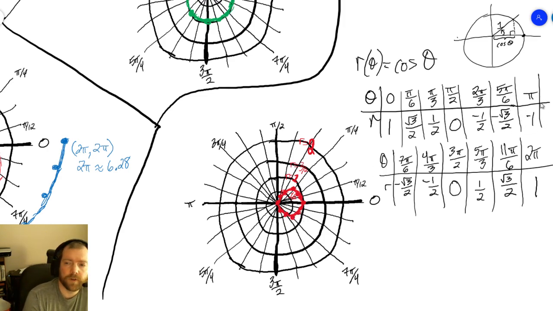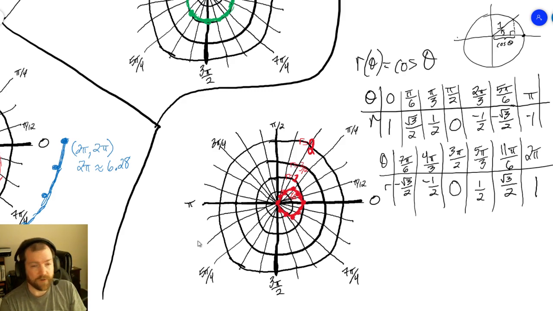Now keep in mind, we've only made it out to pi. So at pi radians, we had a value of -1, which brought us back here. This is back where we started. And interestingly, if we go to 7 pi over 6, this is then going to drag us backward again to root 3 over 2, which is in exactly the same spot as this point right here.